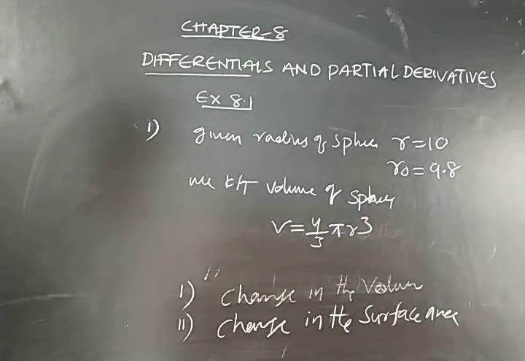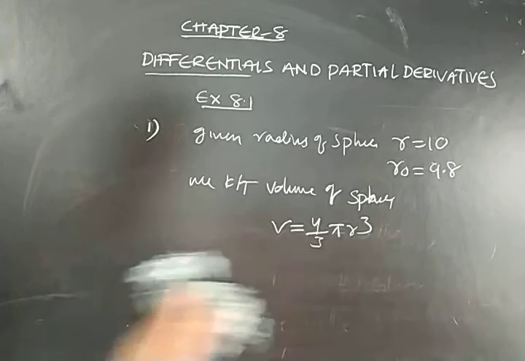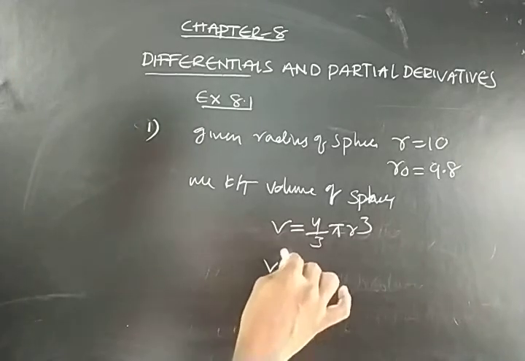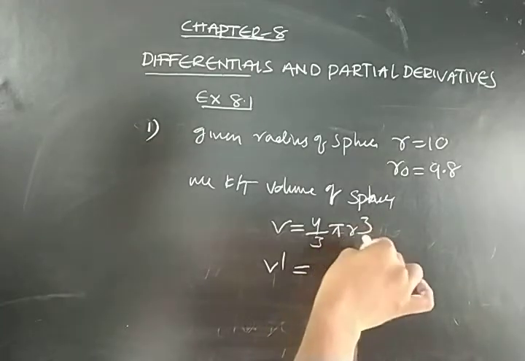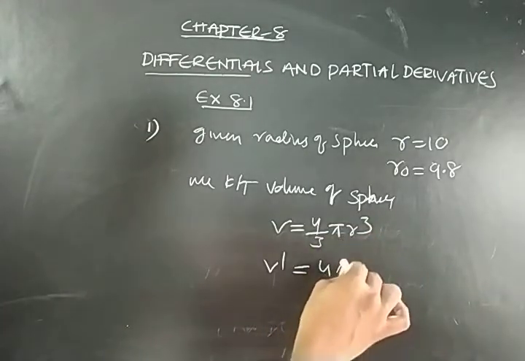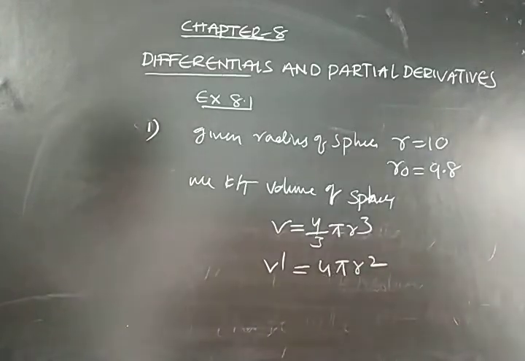So to find the change in volume, we have to find the derivative of volume with respect to r. So what you will get? R cube becomes 3r square, 3 cancels, 4 pi r square.